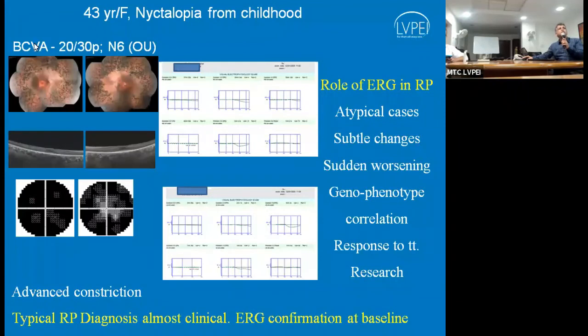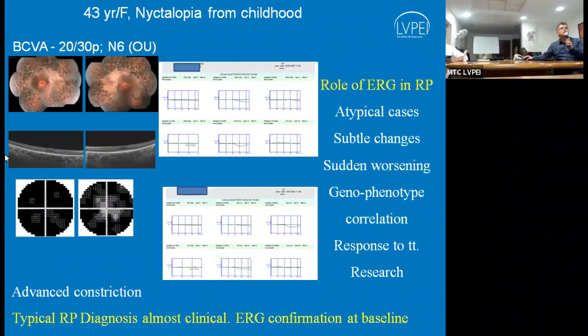This is a case of a 43-year-old lady with nyctalopia, progressive from childhood, and classical bilaterally symmetrical appearance, blotches of pigments, arterial attenuation, photoreceptor loss at the periphery, advanced field loss, almost retinitis pigmentosa, just a spot diagnosis. So here ERG doesn't give you anything extra.